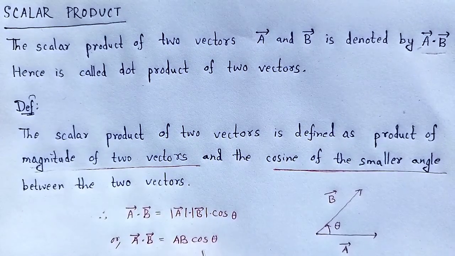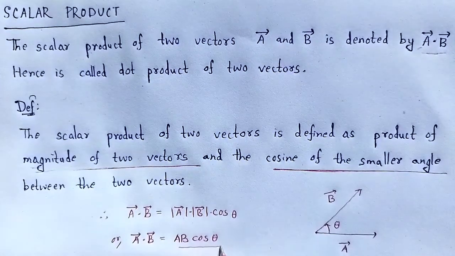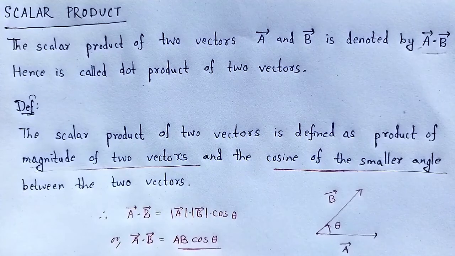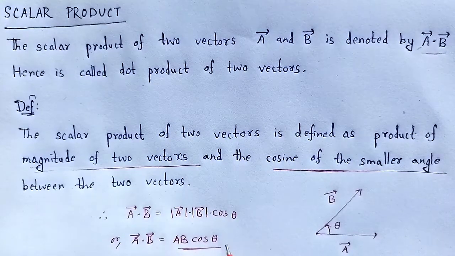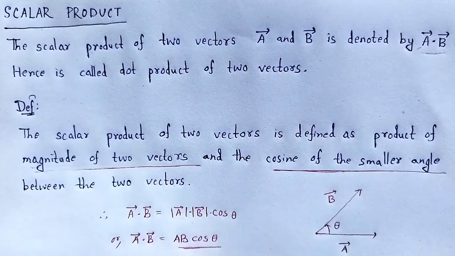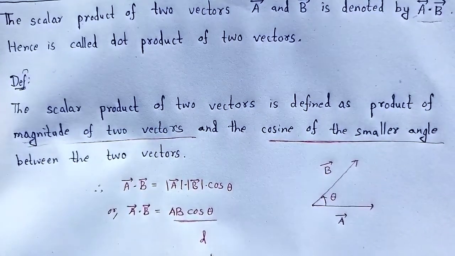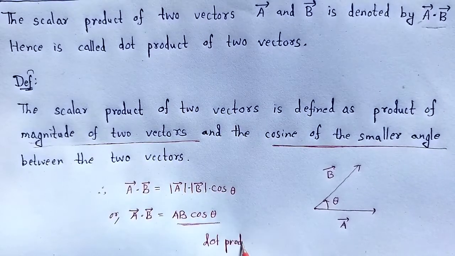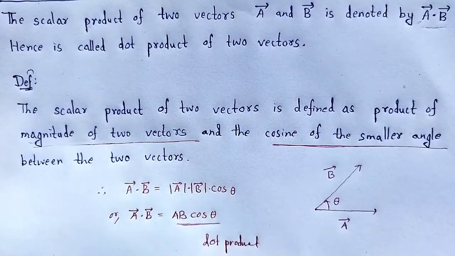The product is a scalar quantity. This term is a scalar. There will be no direction. So the product of these two vectors is known as dot product. That's why we say it is the dot product. The result is scalar, so we call it scalar product.